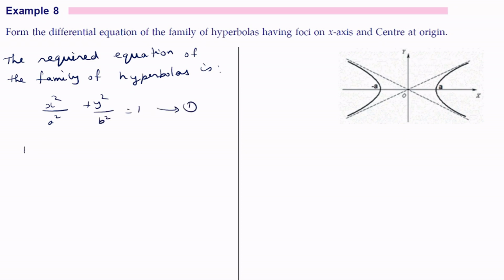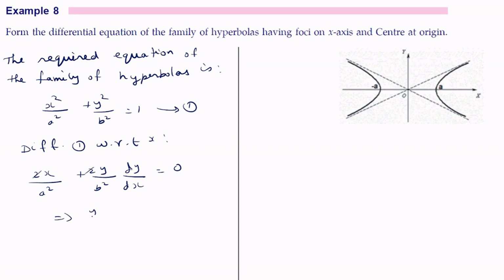Let us take this as the first equation. Let us differentiate this with respect to x. So we get 2x by a square plus 2y by b square dy by dx equal to 0.